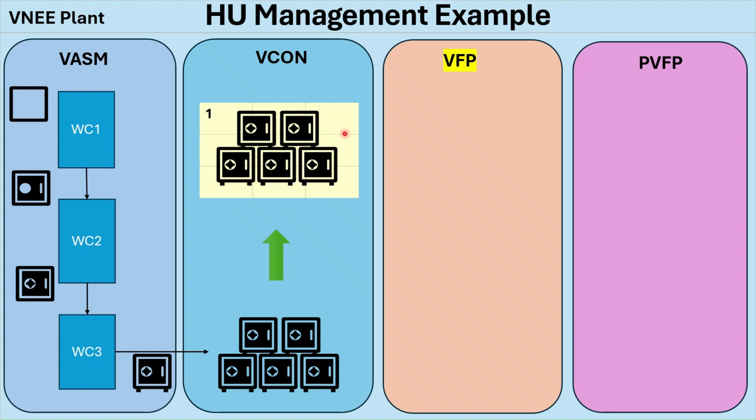The yellow rectangle represents a pallet with a maximum of 5 pieces, and I can name the HU 1. If you want to move from the confirmed storage location to the finished goods storage location, you have to move the handling unit to the storage.